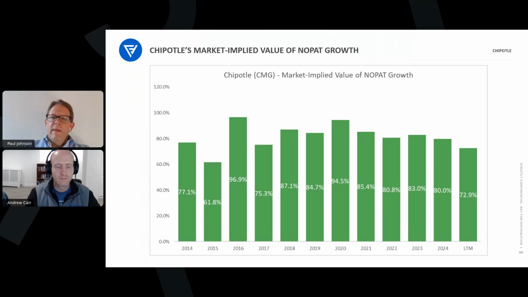It bounces up a little bit here and there, but it really never got below 80% until recently. So this tells me, in my chart, this is in my model, I'm not doing a lot of extra work. I'm just flipping through my pages. I say, all right, I got it now. You're starting to see a breakdown in growth and a breakdown in growth expectations in the stock price.